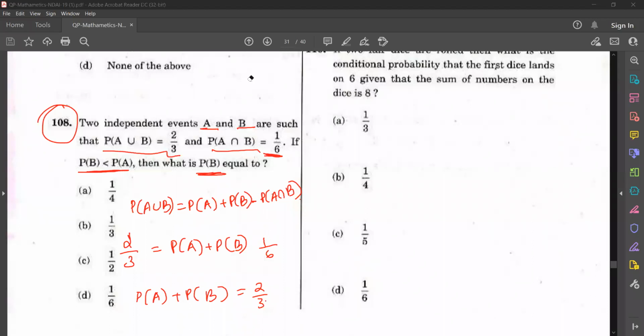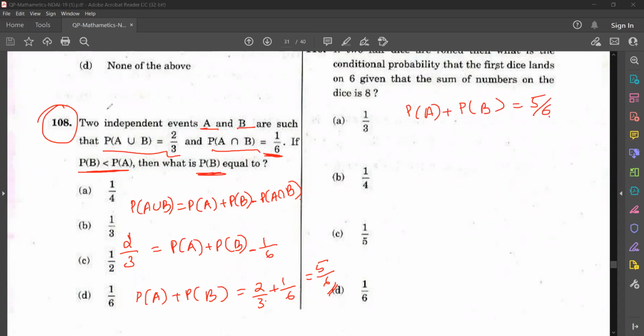Yes, correct. So it is 2 by 3 plus 1 by 6. So that will be 5 by 6. So we got P of A plus P of B as 5 by 6.